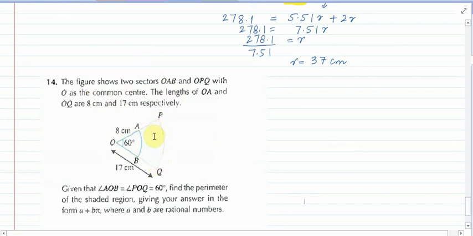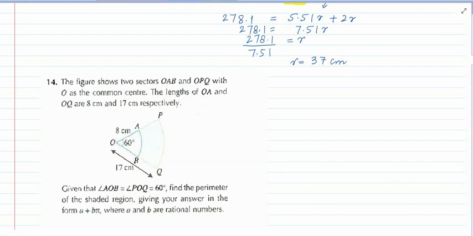Both are minor sectors because the angle is 60 with O as the common center. The length of OA is 8 and the length of OQ is 17, right? Given that AOB equals POQ, that means this angle is 60. Find the perimeter of the shaded region.